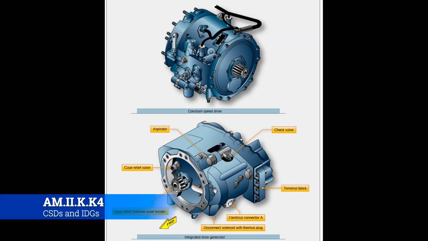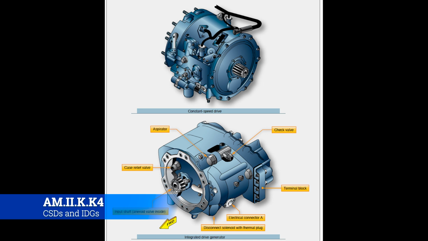All right, let's talk about constant speed drives, or CSDs, or integrated drive generators, or IDGs. What's their role, and what do they look like in this power distribution system? Okay, so one of the challenges with aircraft power generation is that it needs to be very high quality, and it needs to be very, very constant.